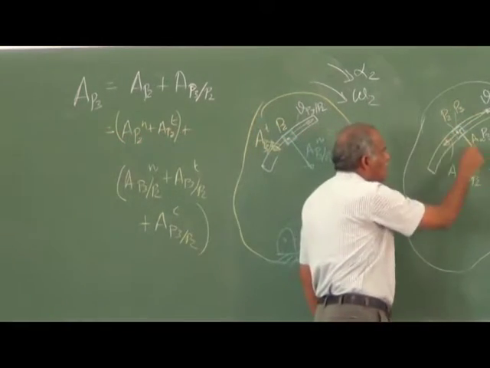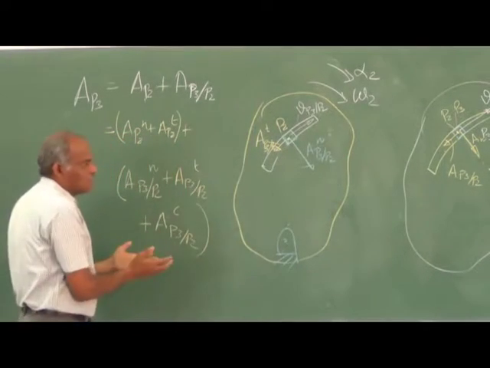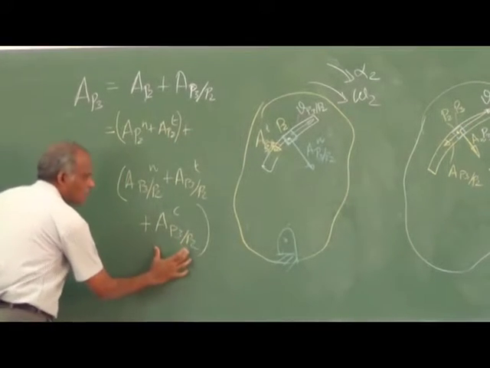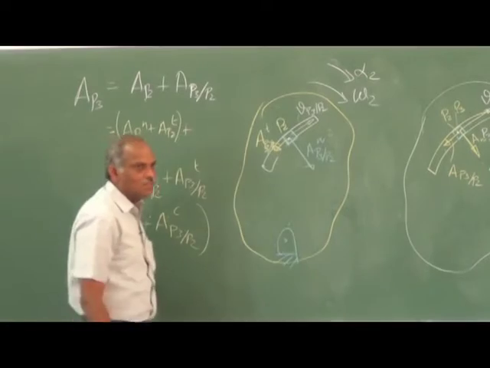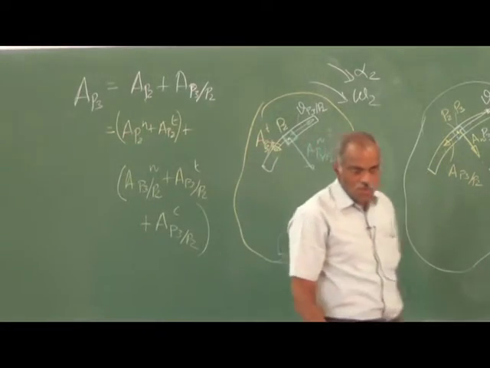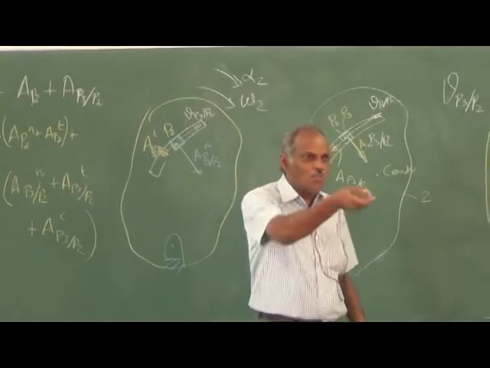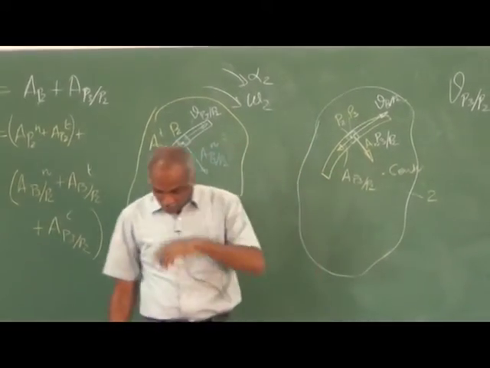But because this is rotating, this component comes in, that is the Coriolis component. If you add this, you will be able to determine the acceleration of the general motion of a slider in a rotating frame.